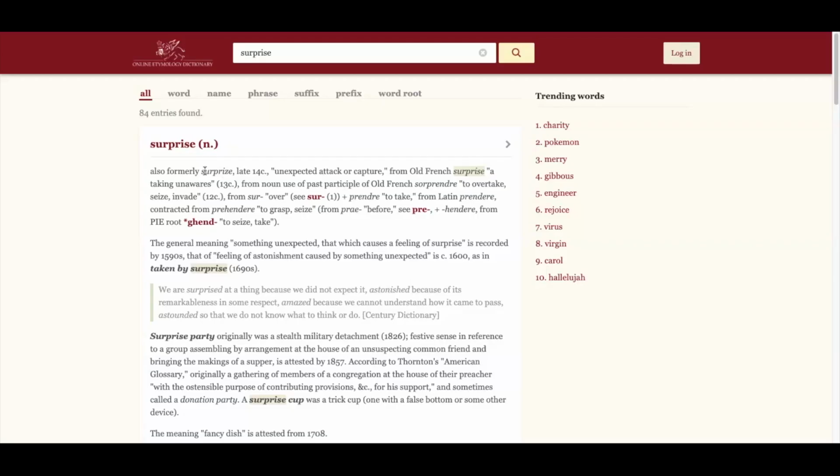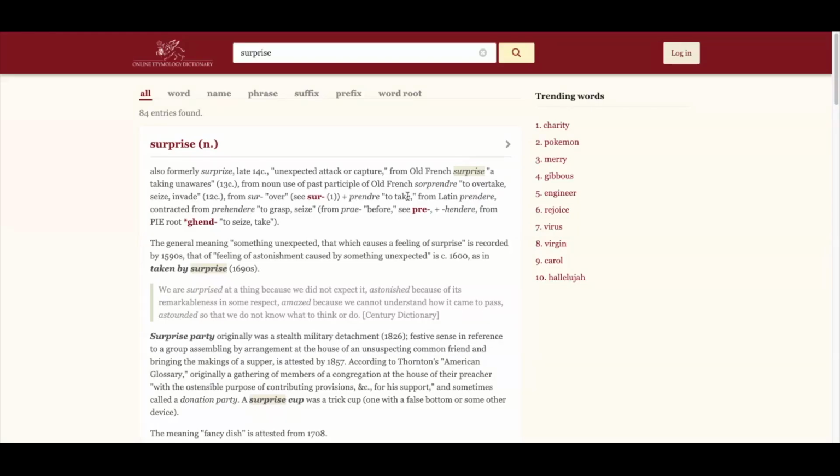Interestingly enough, it used to be spelt with a Z. Unexpected attack or capture. Here we have sur meaning over, and it comes from Latin prendere, to take, so overtake. Now, what does that have to do with, like, here's a gift, surprise? Well, that's not its original meaning.